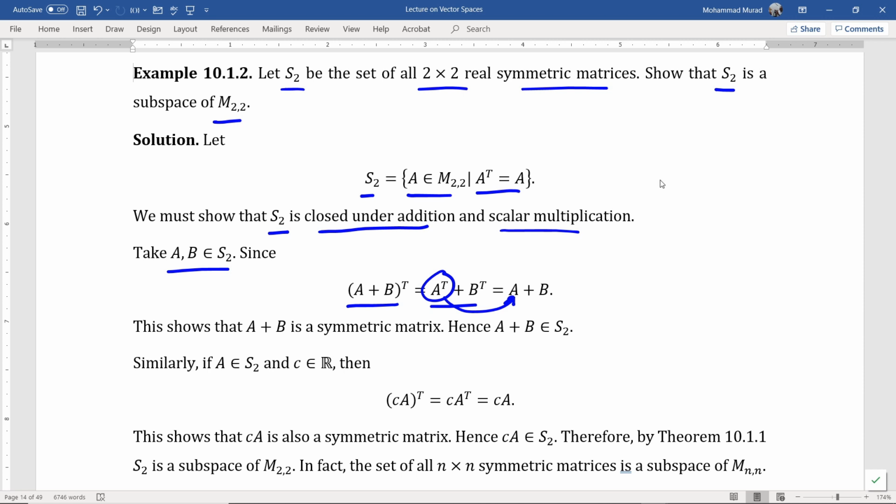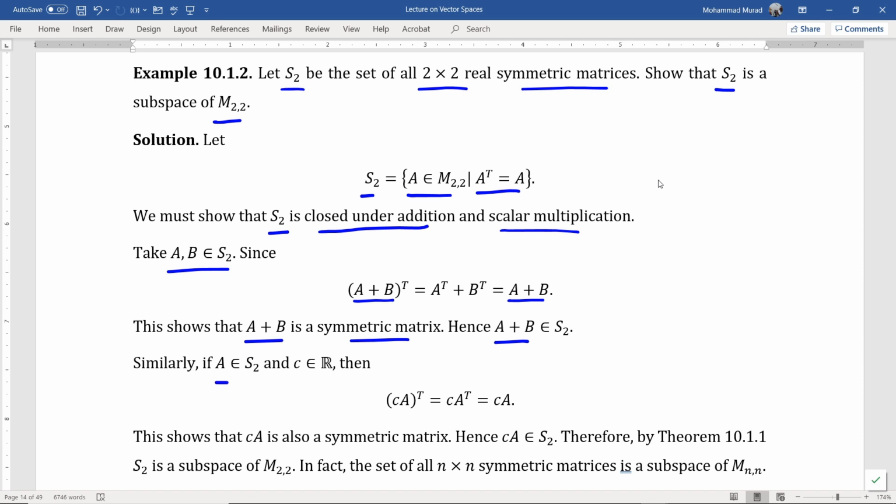Similarly, since B is symmetric, we can replace the B transpose by the matrix B. So we found that the transpose of the matrix A plus B is the matrix itself. This shows that the sum of two symmetric matrices is also a symmetric matrix. Hence, A plus B is in the set S sub 2.